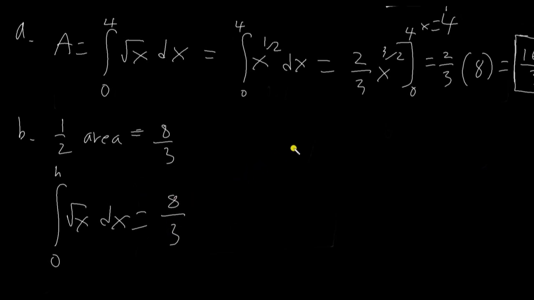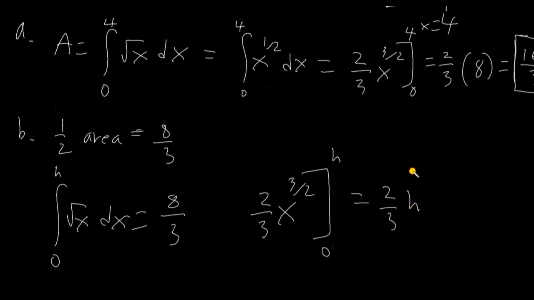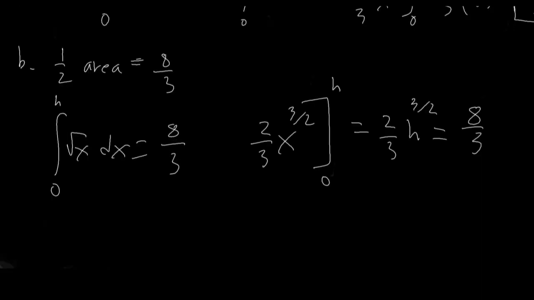Okay, and then let's evaluate this the same way we did. We'd get 2/3 x to the 3/2 evaluated from 0 to h, and then if I plug this in, I'm going to get 2/3 h to the 3/2, and remember this is still equal to 8/3. So now it's just solving this equation for h.